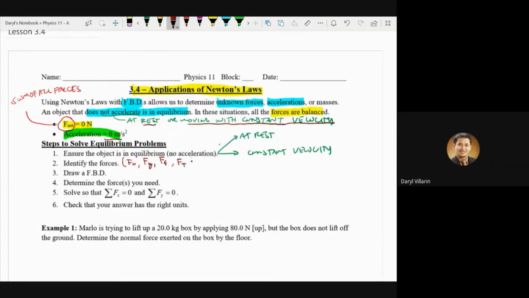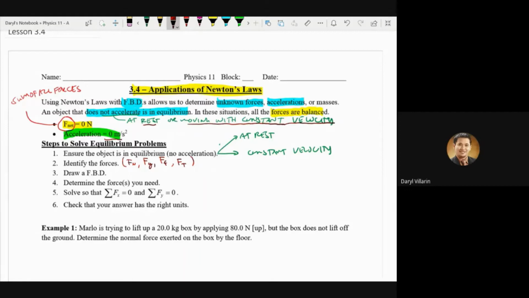These are the common forces that you'll be encountering: normal force, weight, frictional force, and the tension. Okay, so make sure that you know how to identify them.